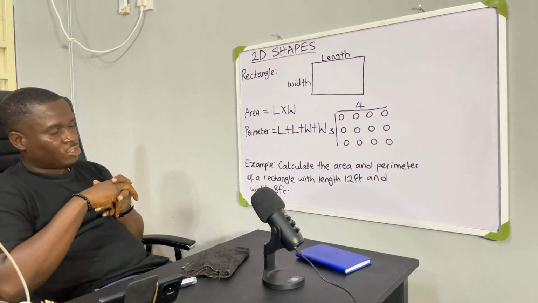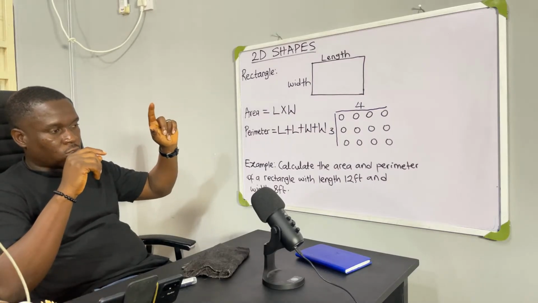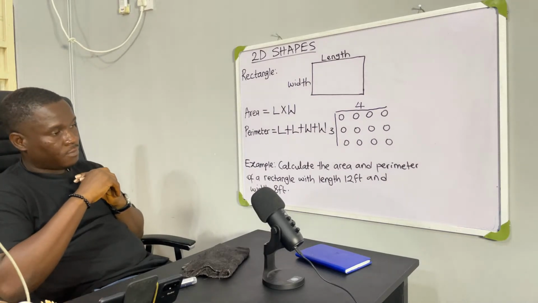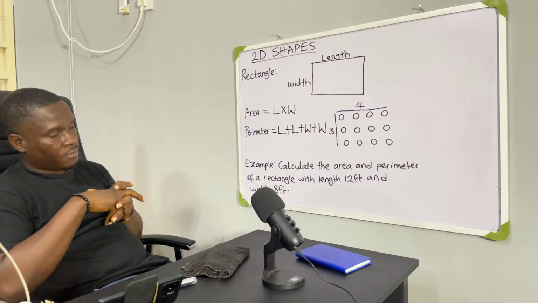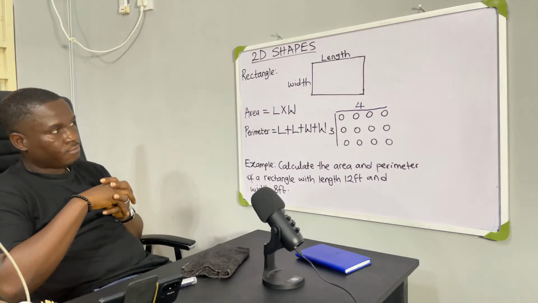30. Check again. 12 times 2, 8 times 2, is it 30? 12 times 2 is 24. 8 times 2 is 16. 16 plus 24. 6 plus 4 is actually 10.